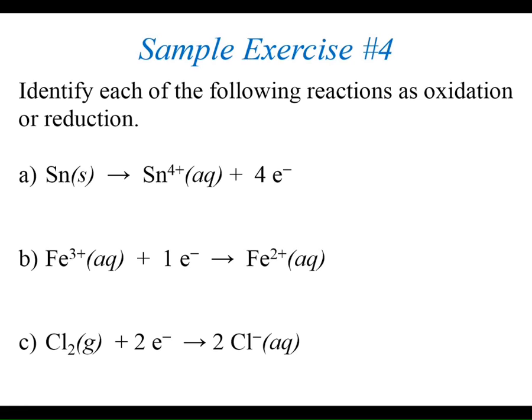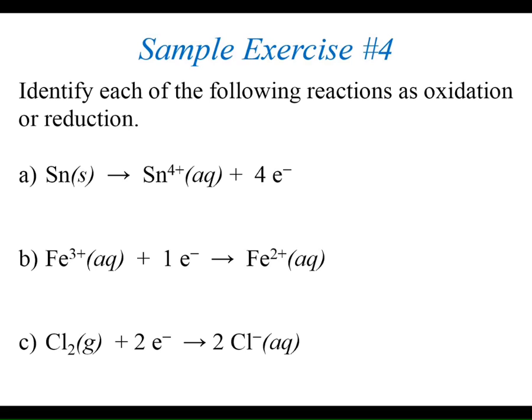Tin neutral goes to tin 4+. Is that oxidation, where it lost electrons, or is that reduction, where it gained electrons? Going from 0 to 4+, did it gain negatives or did it lose negatives?